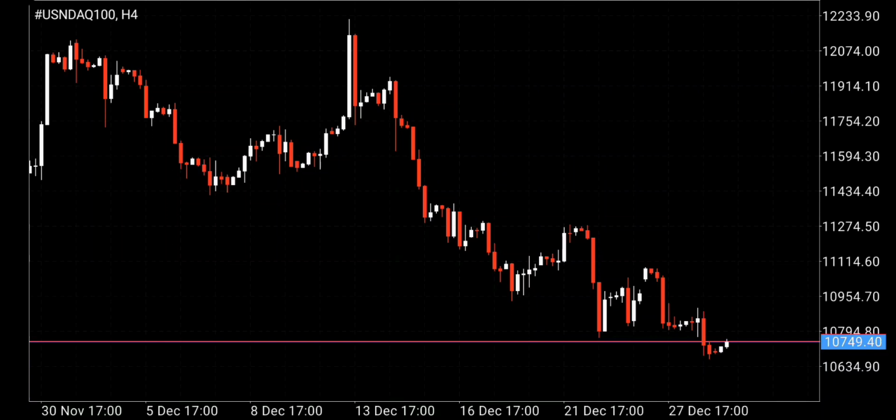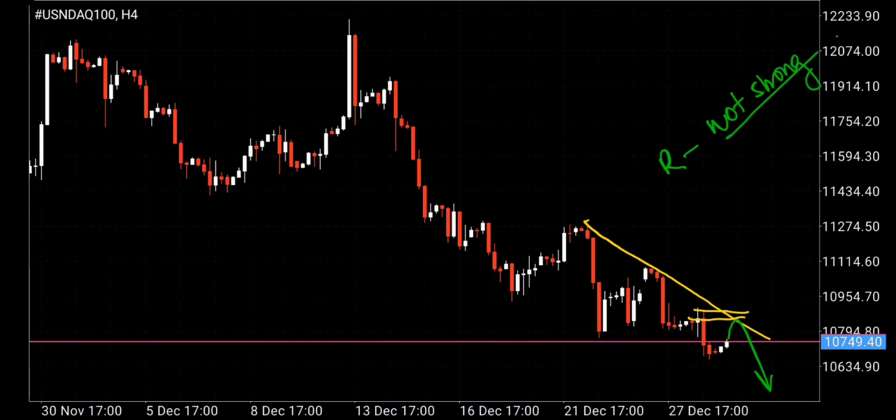This is our H4. On the H4, we're still very much bearish, and you can even put a bearish trend line there. We have a resistance there. This is a resistance where you can plan the same thing. But keep in mind that the resistance we have is not strong. It's not a nice one.